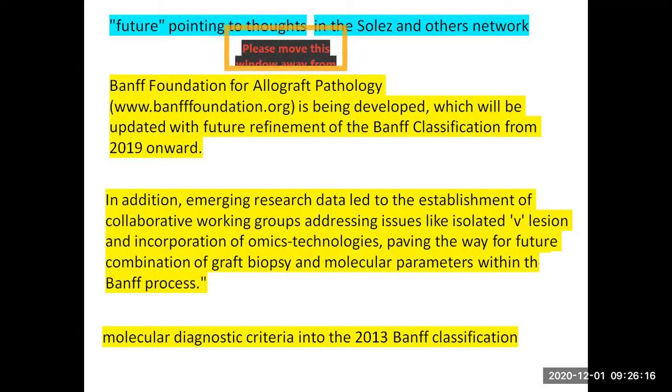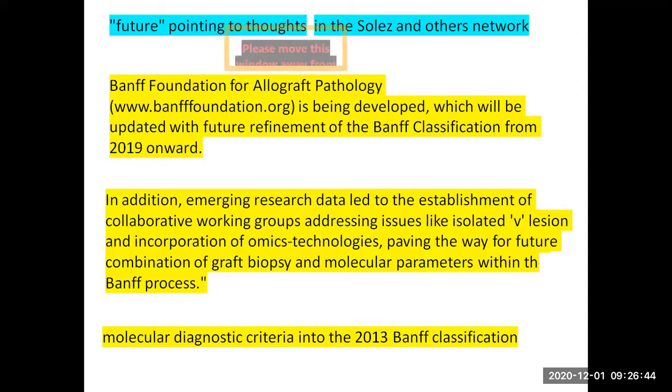And now, this is the key thing in terms of future advancement that they are proposing: combination of graft biopsy and molecular parameters within the Banff process. So that clearly is a step forward in the future where we might get more details worked out on this area.